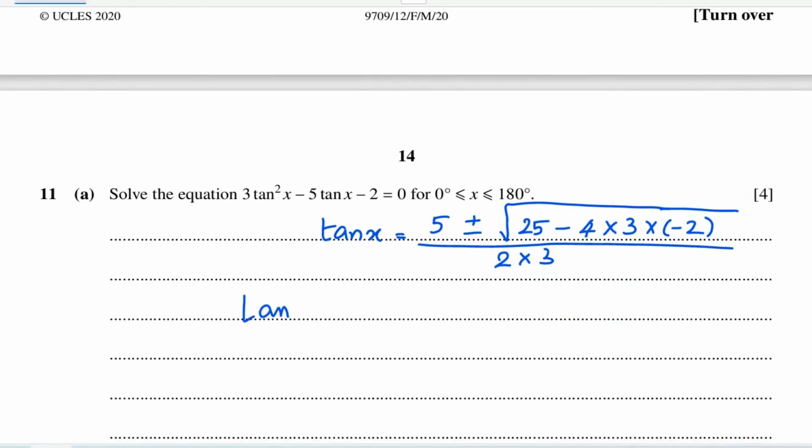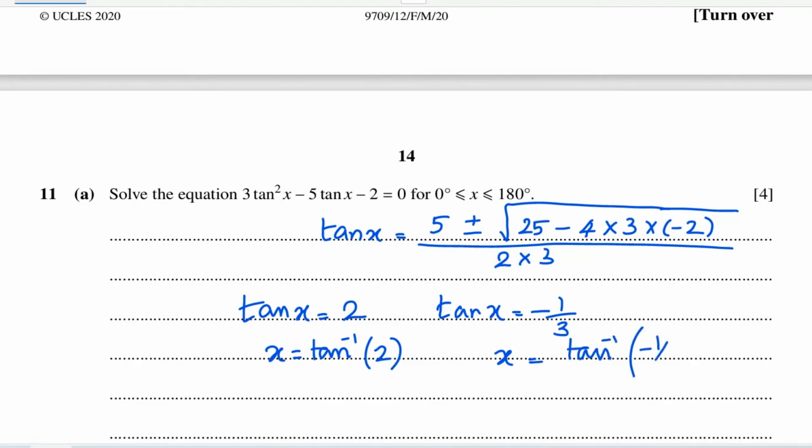So tan x equal to 2 or tan x equal to negative 1 over 3. So x equal to tan inverse of 2 or x equal to tan inverse of negative 1 over 3.